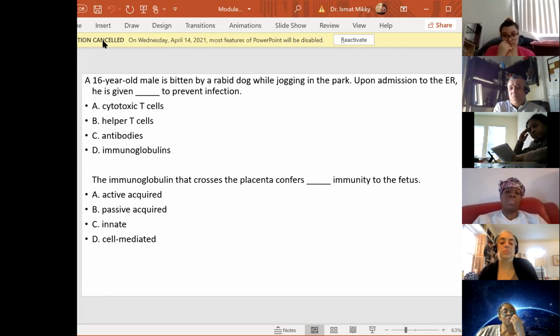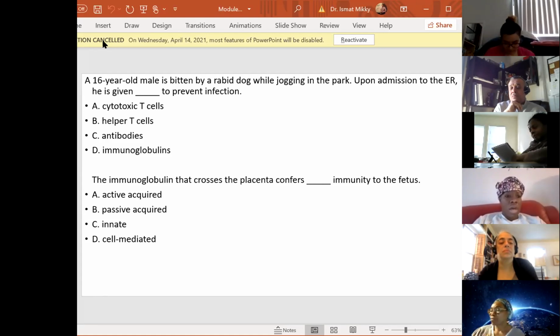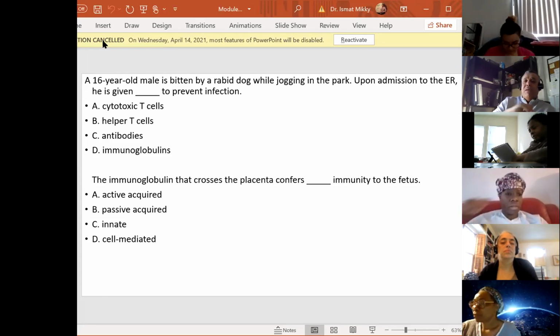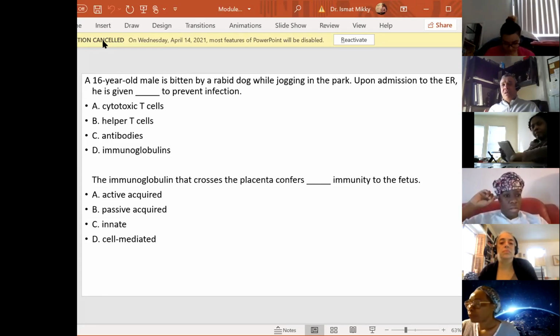Next. A 16-year-old male is bitten by a rabid dog while jogging in the park. Upon admission to the ER, he is given... Which one would be an immediate immune reaction?